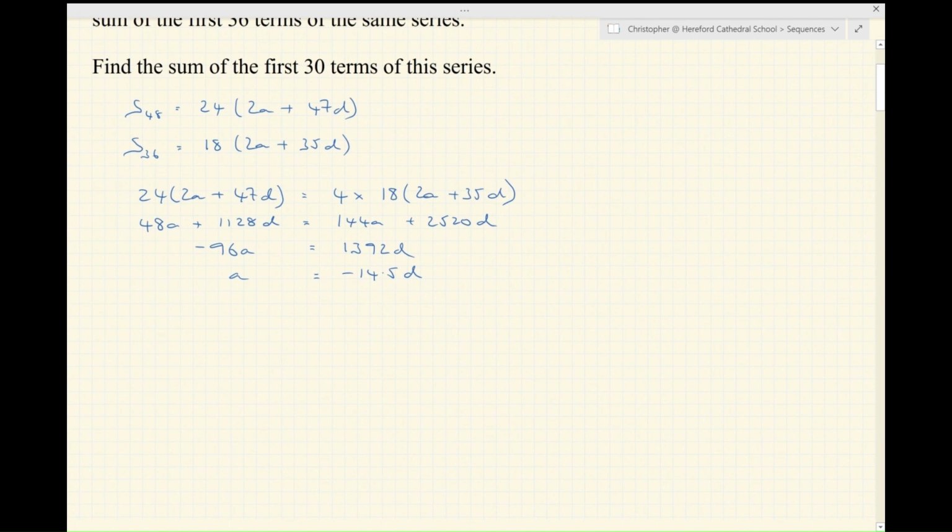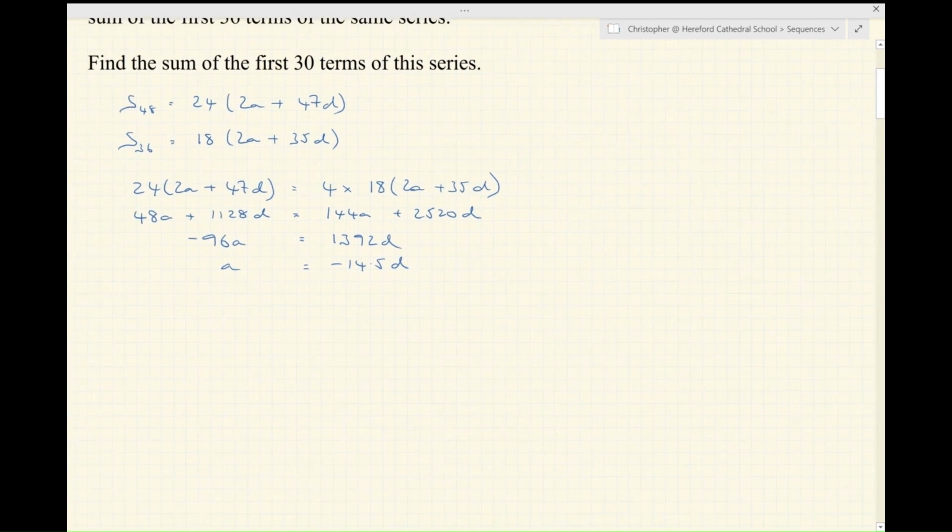Now we're asked to find the sum of the first 30 terms. And the sum of the first 30 terms is given by the formula S30 is 30 over 2, multiplied by 2a plus 29d. Let's substitute our expression for a into this formula.